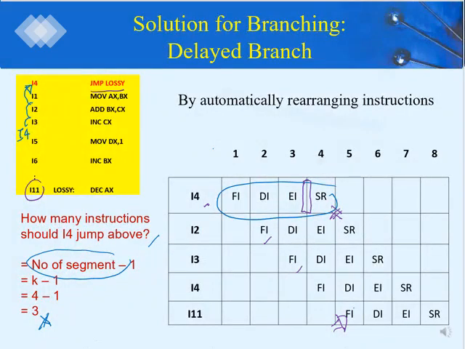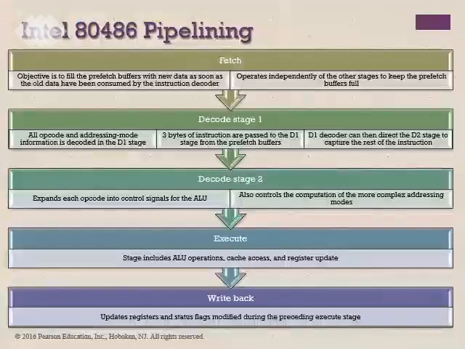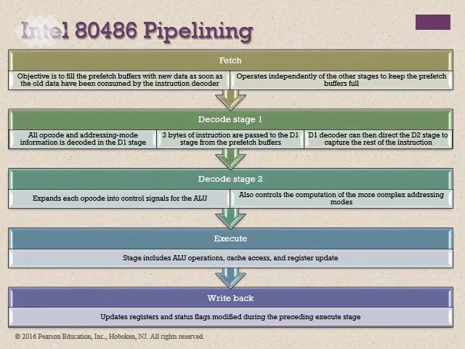Also, instead of I11 starting at time 7, you can see we saved instruction cycles and started earlier at time 5.